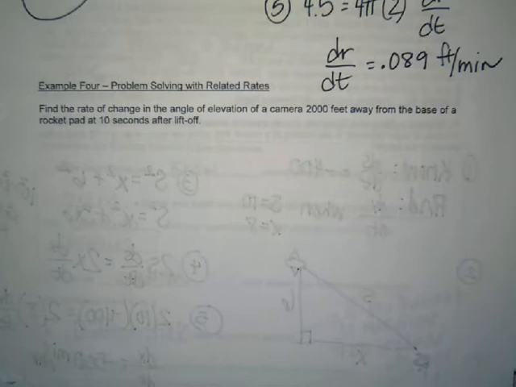Okay, so do they give me any kind of rate in there? How do I know they don't give me any kind of rate? Because they asked me to find it. And usually if they give me a rate, what do I see? Something over something, like centimeters per second or inches per minute, something to indicate that it's a rate of change.